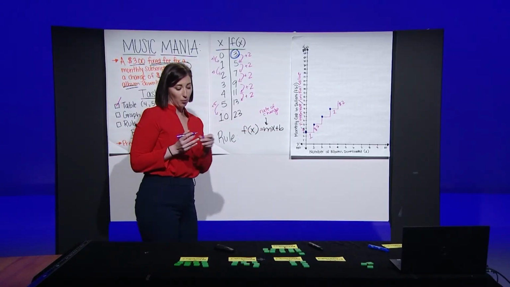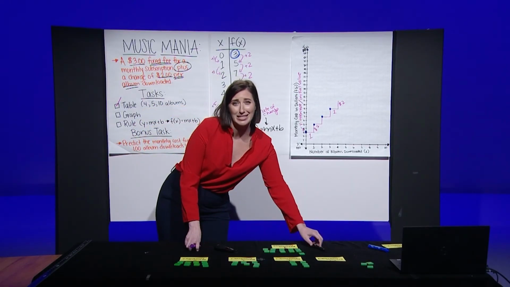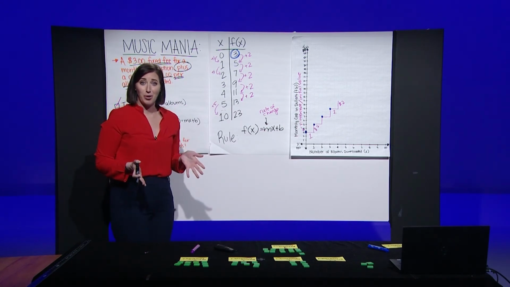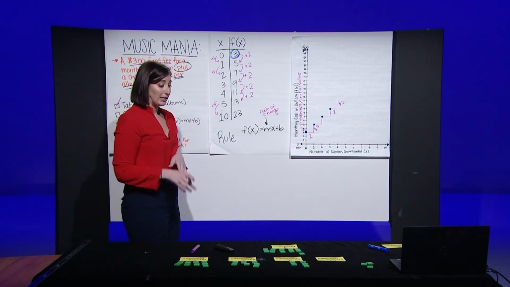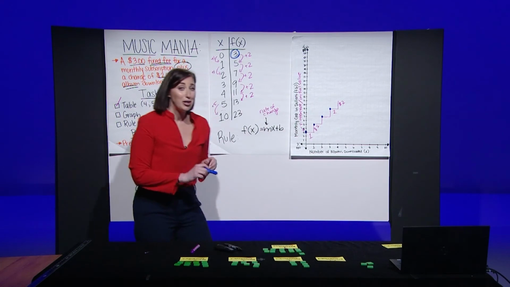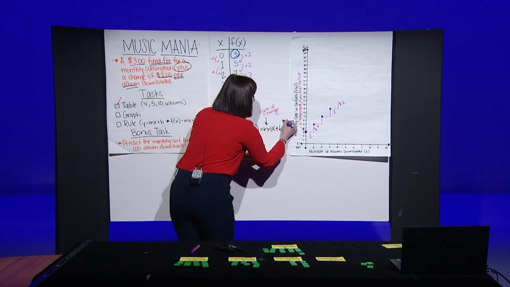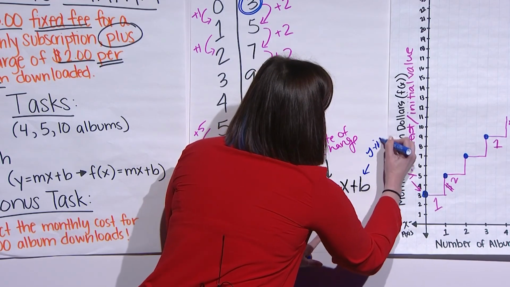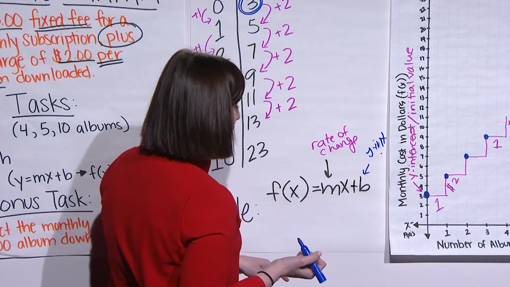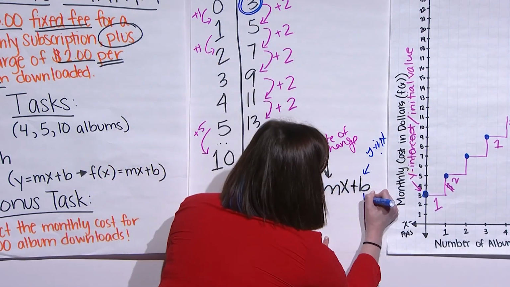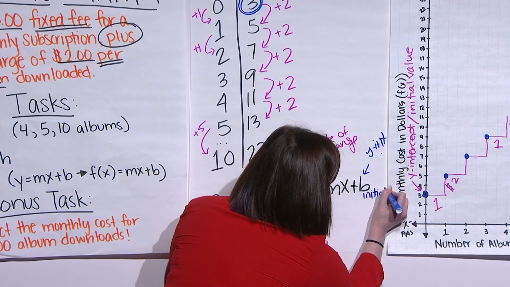And b, from our previous lessons with slope-intercept form, represents our y-intercept, but our new term for that today is our initial value. So b is also going to be the initial value.